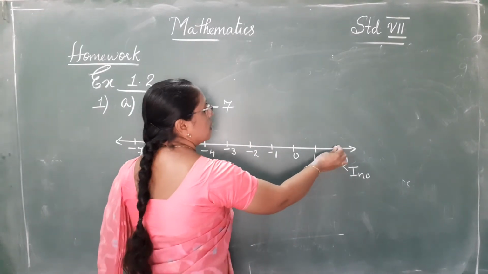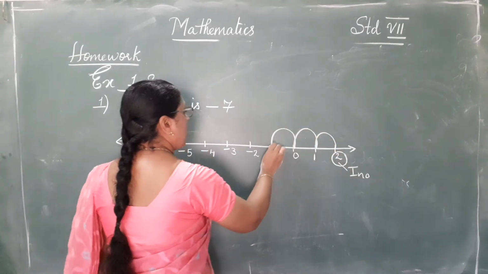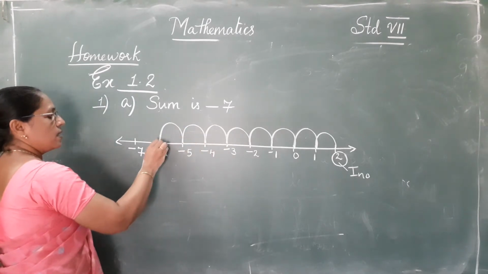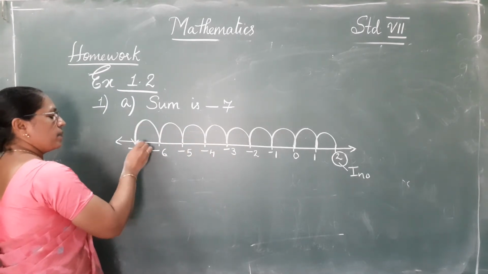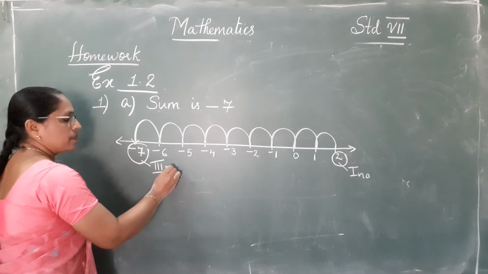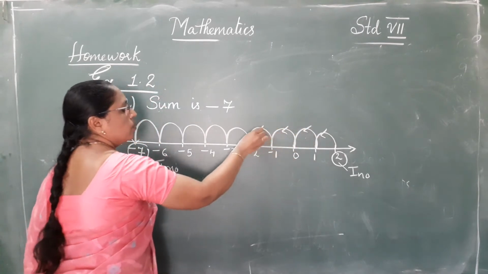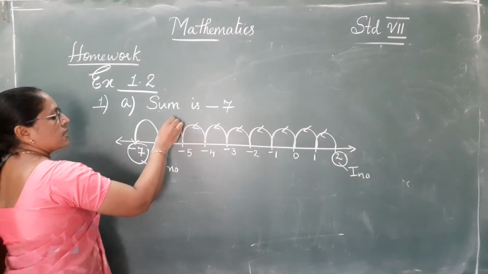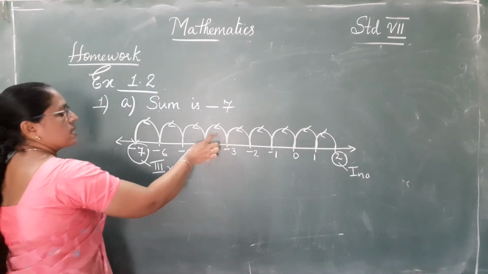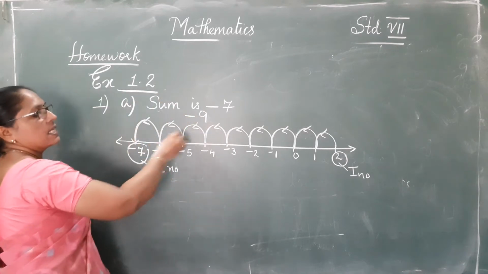From the first number, how many steps do you have to move to reach the answer -7? This is -7, your third number. And how many steps did you move, forward or backward? 1, 2, 3, 4, 5, 6, 7, 8, 9. 9 steps backward, so -9.